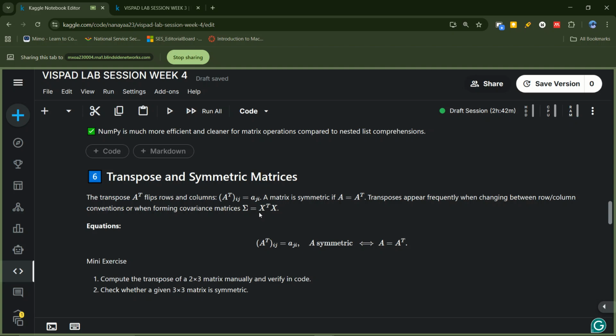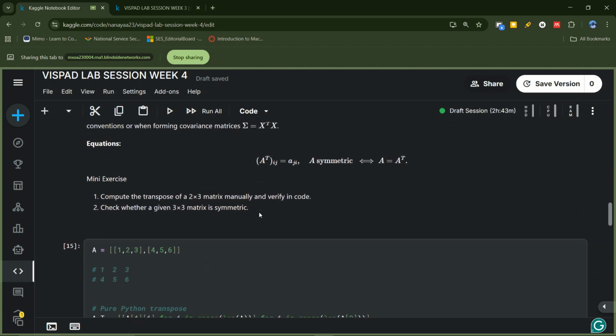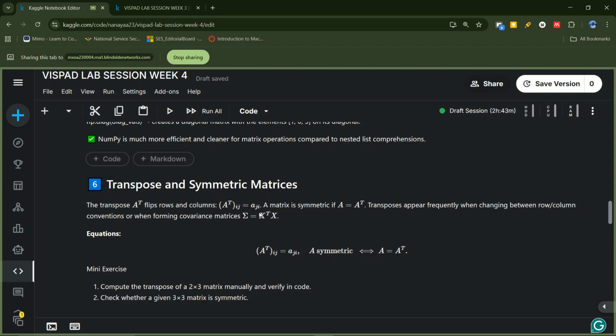So then we have transpose and we have symmetric matrices. Great. So the transpose of A, let me say A power T, flips rows and columns. Transpose is where your row is no more a row, but it becomes a column. So there's this kind of swapping.